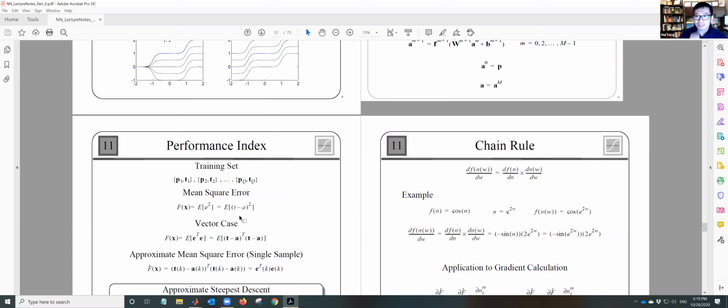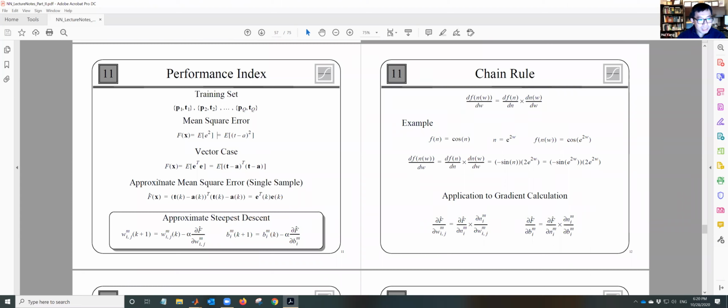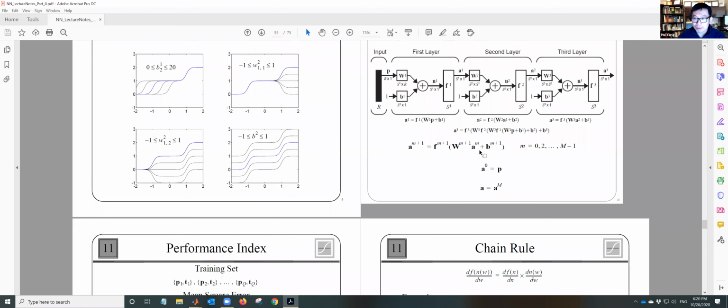And I believe I asked you guys about the sum of the squares and then the mean sum of the squares of the errors, of the residuals. So this is the approximate mean square error for a single sample. Now, this F is calculated based on your target data and also the output in the last layer.